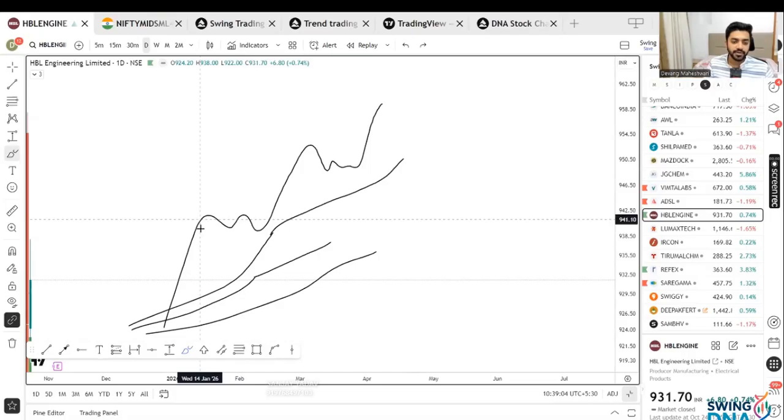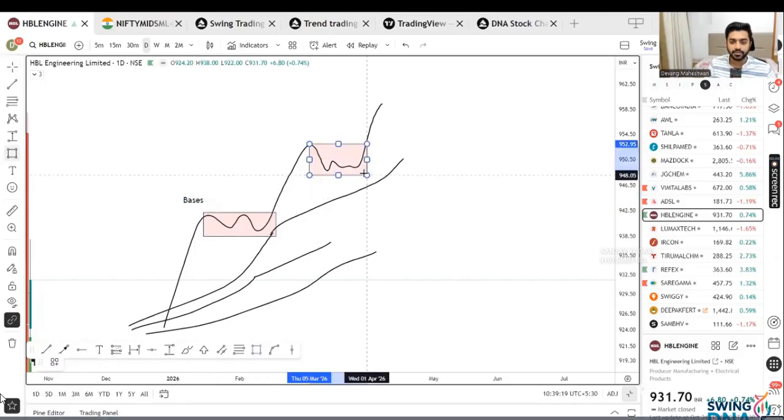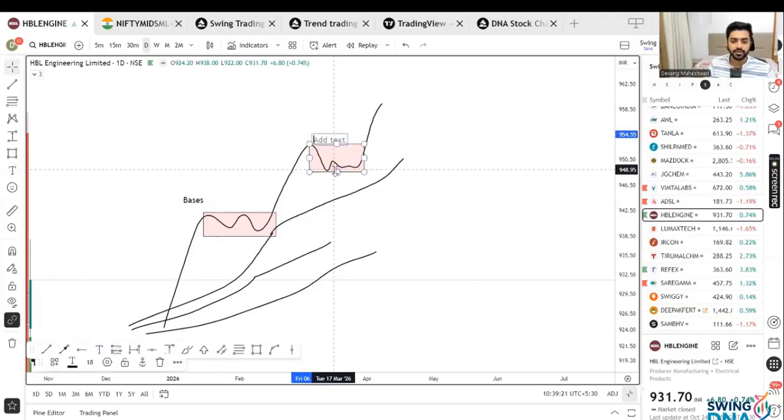Now typically these consolidation periods are called bases. This one, then this one, these are called bases, or you can simply call this consolidation also.